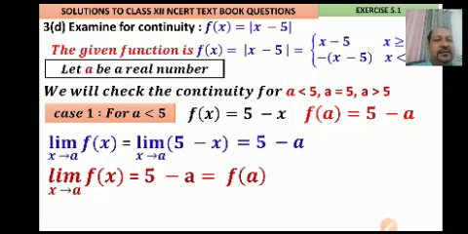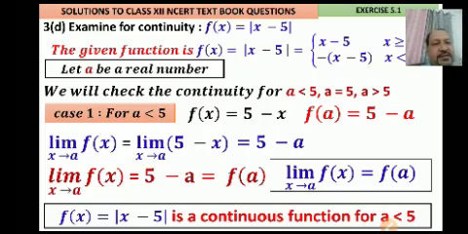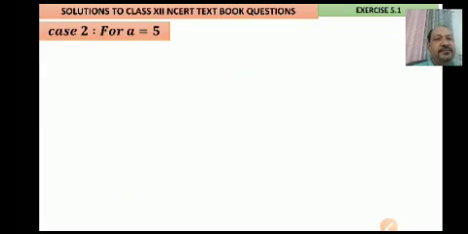And in this question also you observe that the limit value of the function, which is 5 minus a, is equal to the functional value of the function at the point a. So f of x equal to modulus x minus 5 is a continuous function for a less than 5.